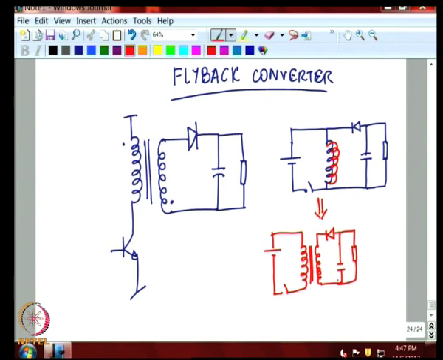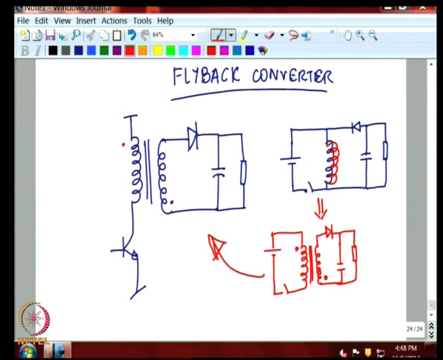In this fashion, and by interchanging the dot polarity like this, rather than having the dot polarity like this, we can do a modification of putting the diode like this and shifting the dot polarity here. So, this will give you this flyback converter.